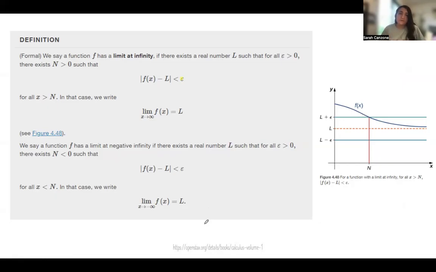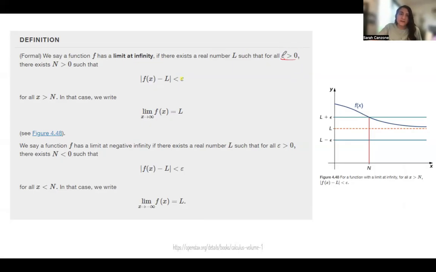Now, if you do take any further math courses, if you get into any sort of analysis courses, you are going to see stuff like this. So it's important to have a grasp of, oh, okay, I've seen this before and I understand the concept. What this says is for all epsilon greater than 0.